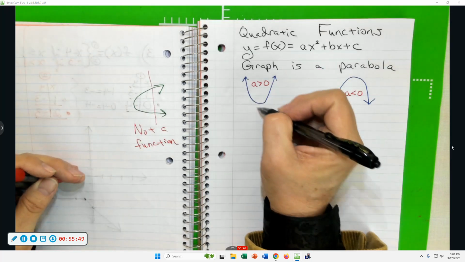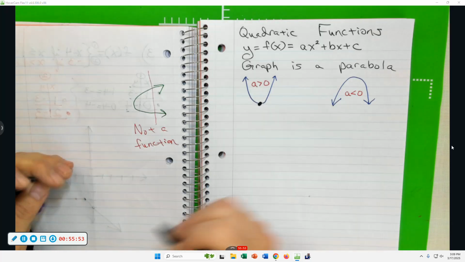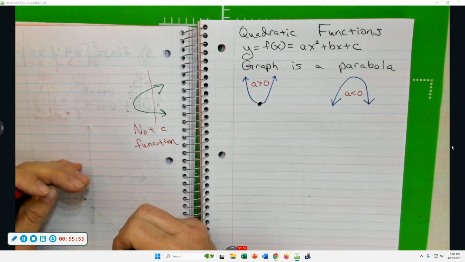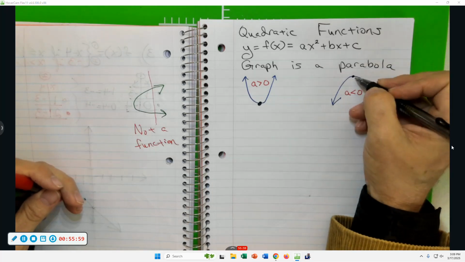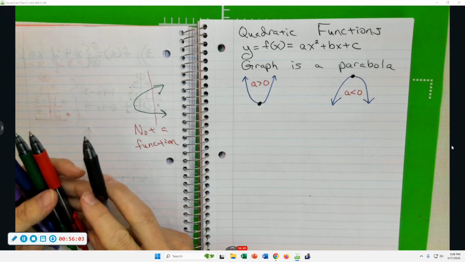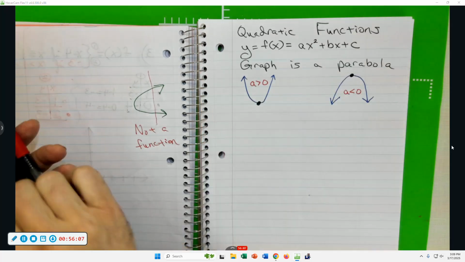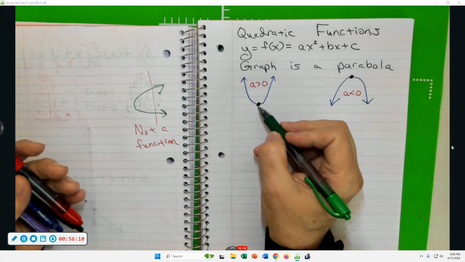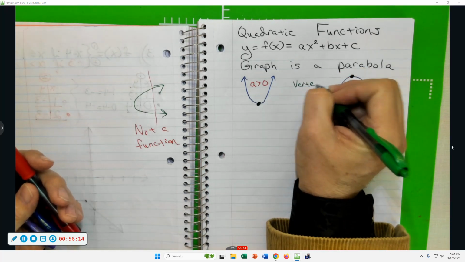When a parabola is opening upward, that point is the low point on the graph. When it's opening downward, the point where it changes directions is the high point on the graph. And that thing is called the vertex. This point and that point, that's the vertex.